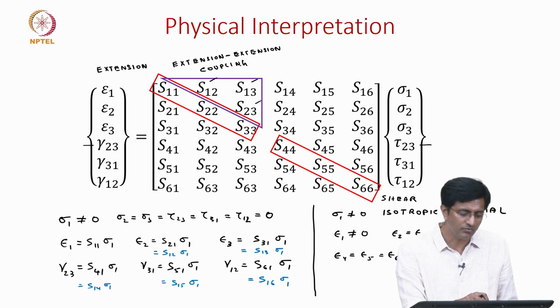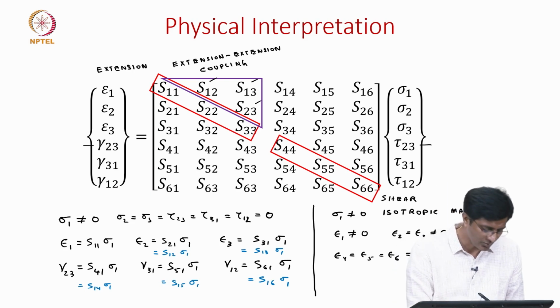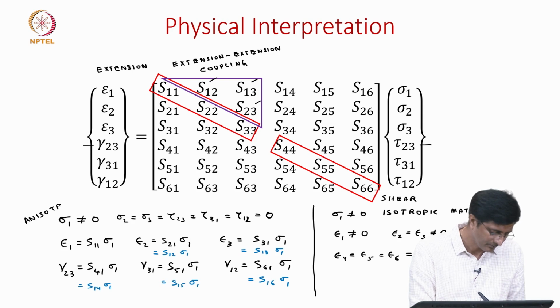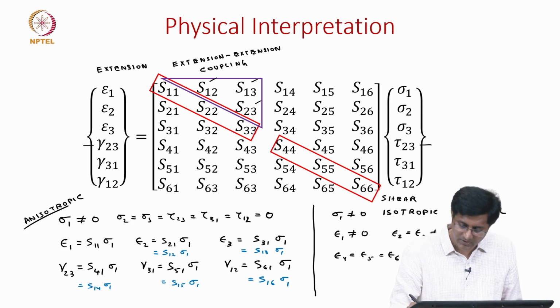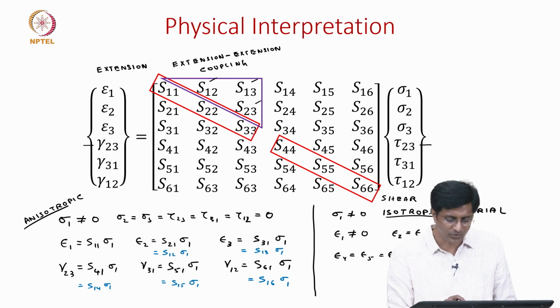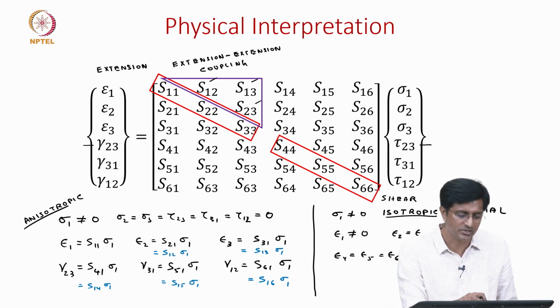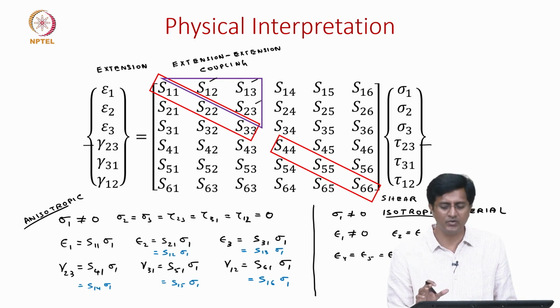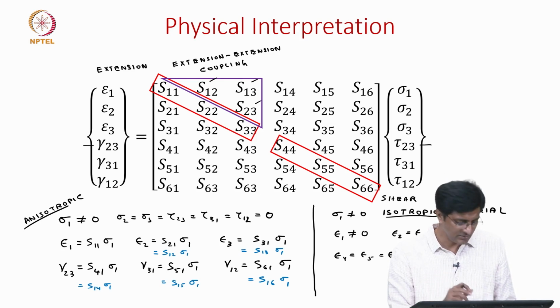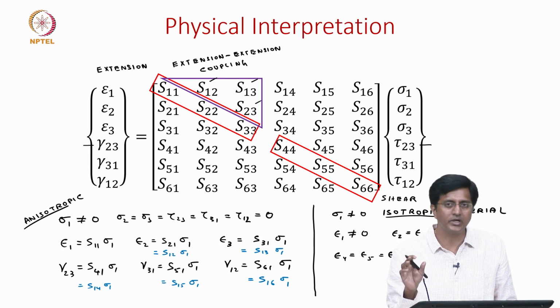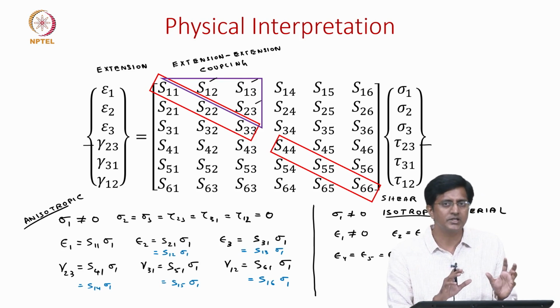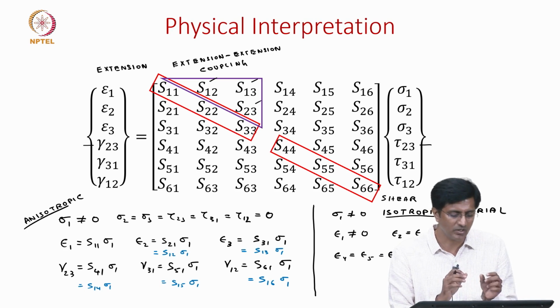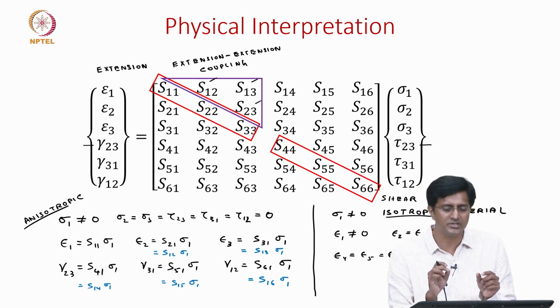This is something we notice with both anisotropic materials as well as isotropic materials. In both of these we have this extension coupling. The only difference is that this coupling is the same in both the other two directions for an isotropic material, but for an anisotropic material it is different in each direction, meaning S12 and S13 are not the same.